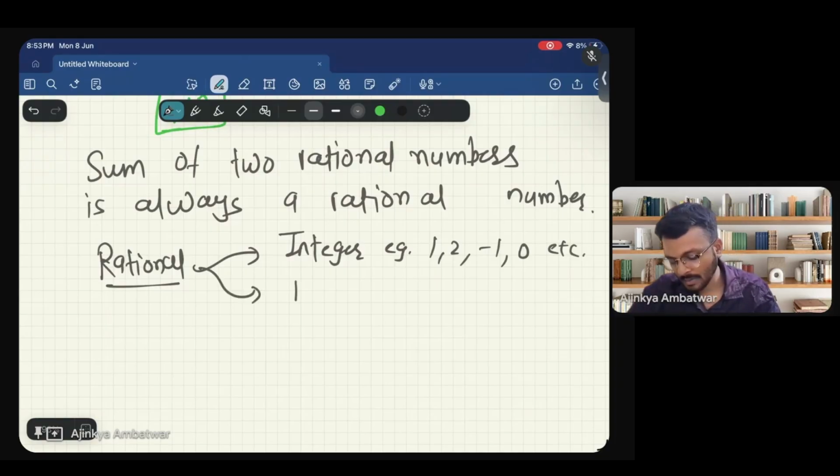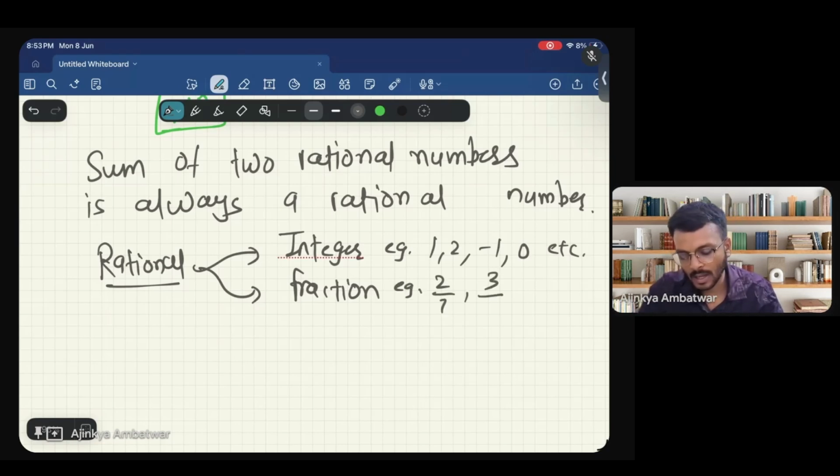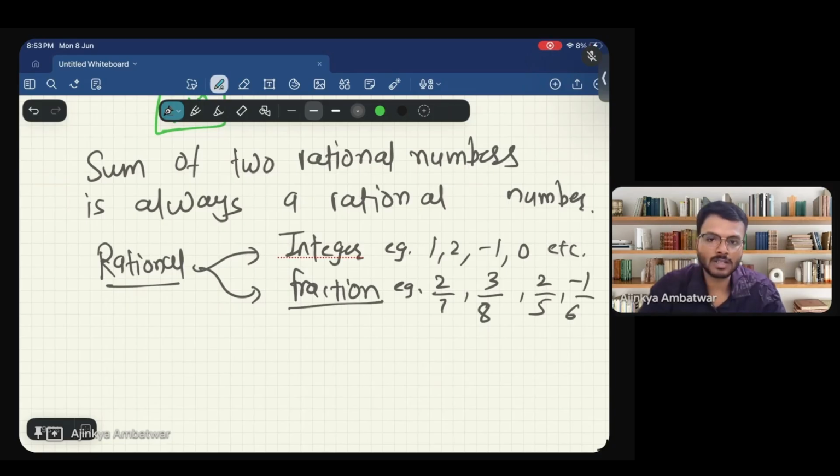Again, second, it can be a fraction, of this form, like for example 2 by 7, 3 by 8, 2 by 5, minus 1 by 6. This is a rational number. These two are the only forms of rational numbers.